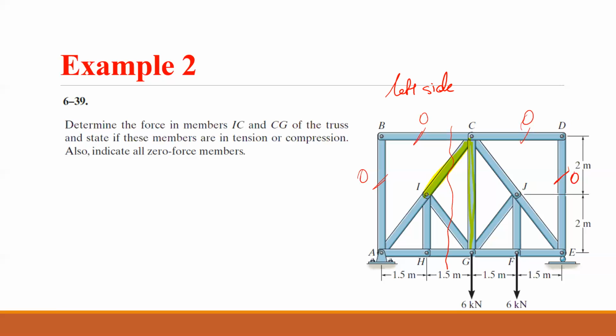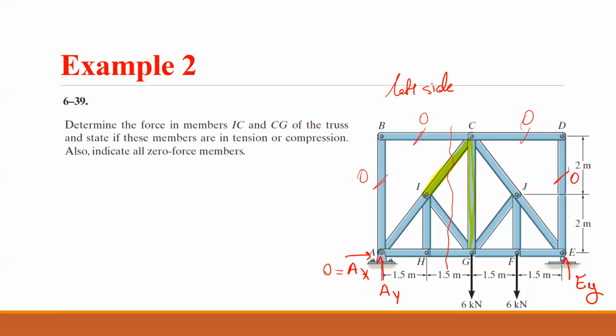So I only have two reactions here, AY and AX, and for the roller I only have EY. I decided to only solve the left side. AX, there is no force in the x direction, so this one is 0. I only need to find AY, right?